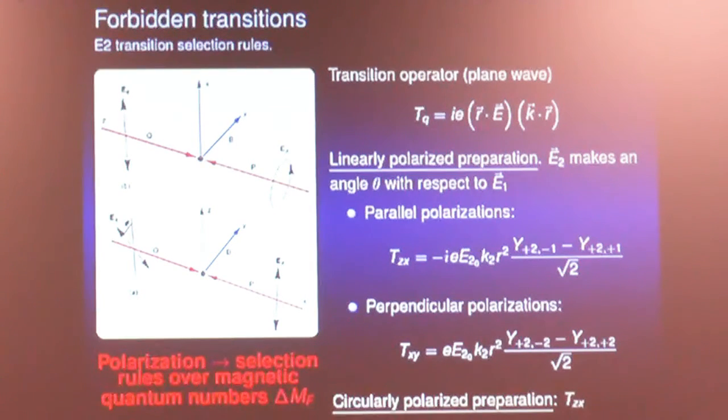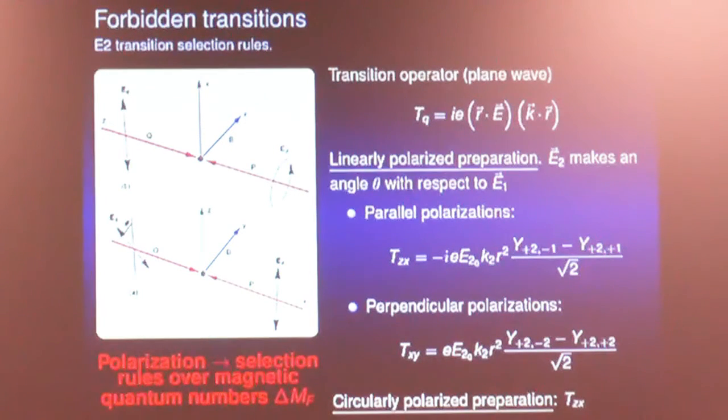In particular, if these two are parallel, we probe essentially transitions that have a very specific delta MF transition probability, in the sense that we can only change in one the M projection. If we do perpendicular polarizations, if this angle is 90 degrees, we only probe the +2 or -2 transitions.